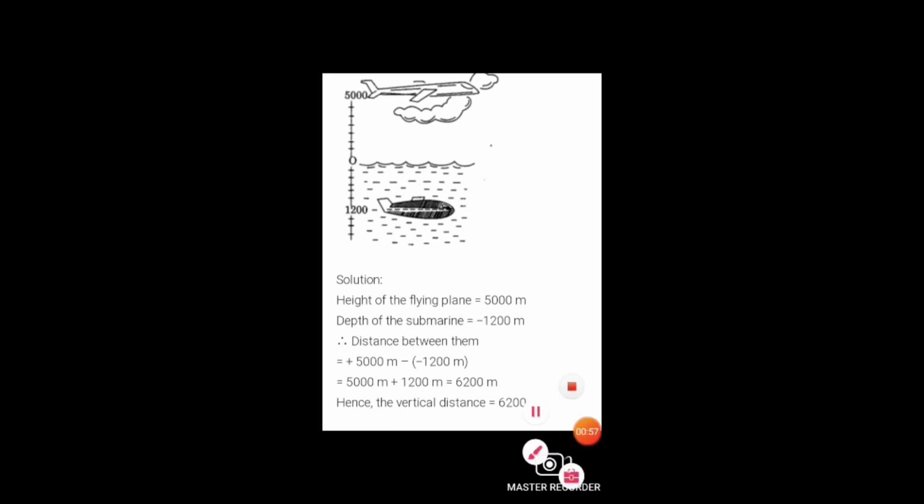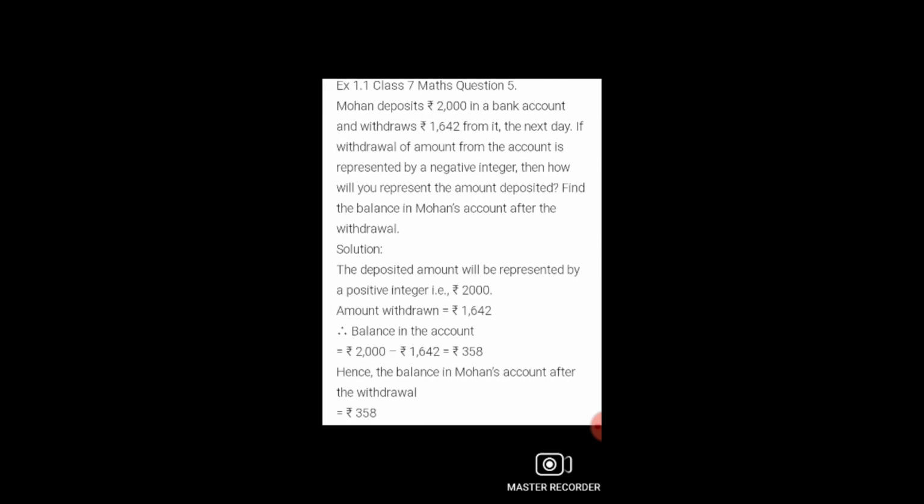So 5000 meters plus 1200 meters. When we add, the sum is 6200 meters. Hence the vertical distance is 6200 meters. This is the way you have to find the solution. Whenever you are finding the answer, read the question twice, and you will get the answer.